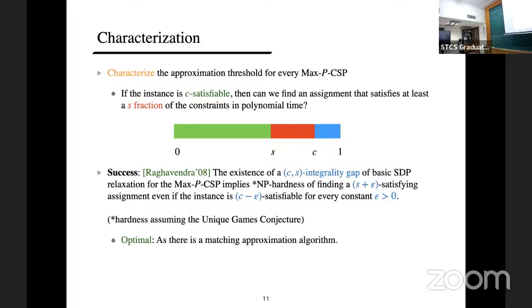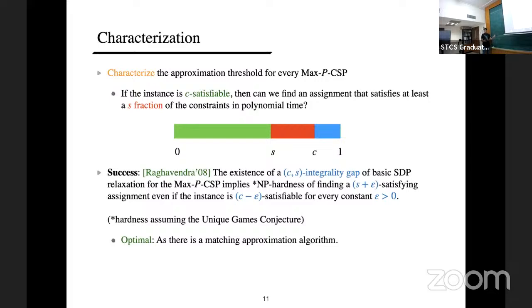So this is what I mean by characterizing the approximation threshold for every CSP. And this is not a definitive characterization. If you give me some weird predicate and ask me what is the S for which it is hard for almost satisfiable instances, I won't be able to tell you. Suppose I don't know the result about CSAT, and you ask me, for CSAT, what is the best soundness that you can get?